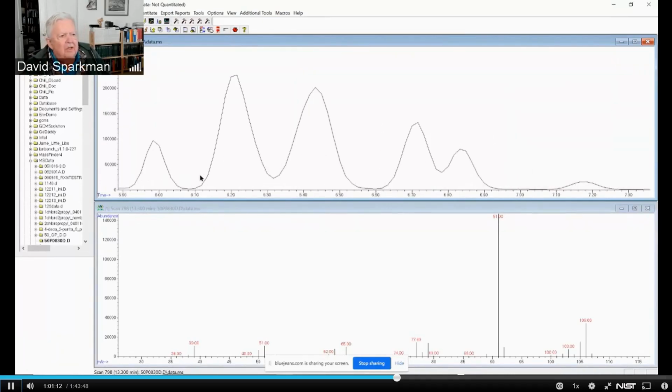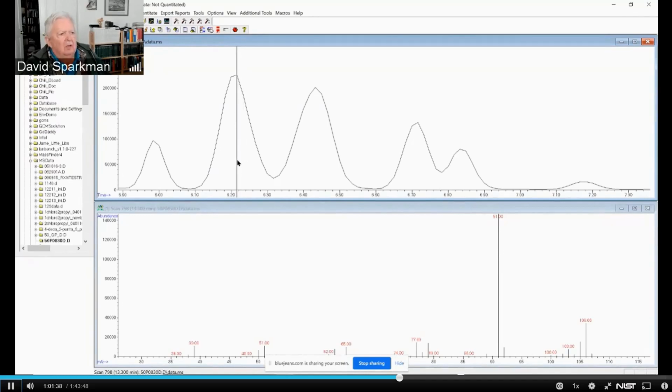Now, all of these peaks look very nice and symmetrical. These 2 peaks have some coelution, as Gary Ballard described earlier, but you would expect that each one of these peaks would possibly be a pure compound.